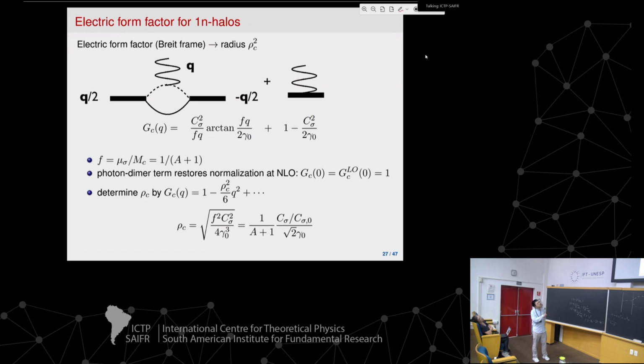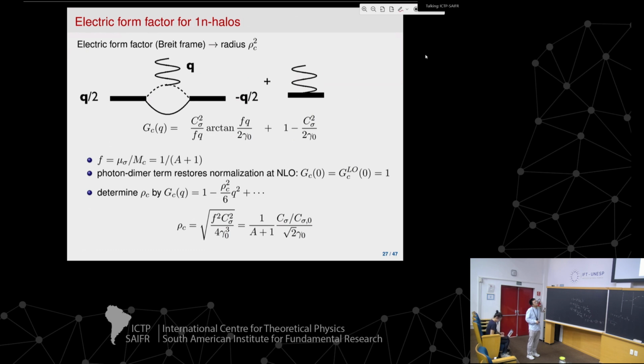Then you have a photon inserted into the system. The photon carries a momentum q. So in the end, the final state of this two-body system has a total center of mass momentum q/2. So basically, it's minus and plus for the initial and final states.